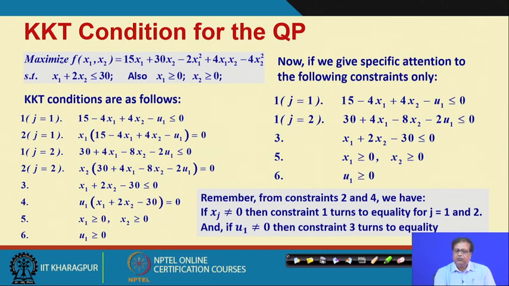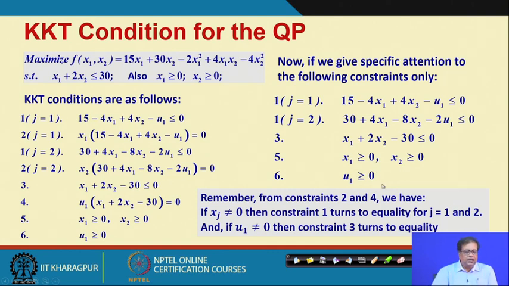So what we get is 15 minus 4x1 plus 4x2 minus u1 less than or equal to 0. Then the second one, 30 plus 4x1 minus 8x2 minus 2u1 less than or equal to 0, x1 plus 2x2 minus 30 less than or equal to 0, and x1, x2, u1 greater than or equal to 0.